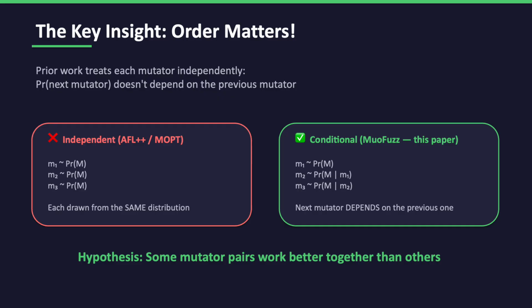And this is a fundamentally different model. Instead of treating the mutator sequence as a bag of independent choices, we are treating it as a chain, where each step influences the next. If you have taken a probability course, you'll recognize this as a Markov chain. If you studied NLP, you'll recognize it as a bigram language model. Same math, just a different domain.